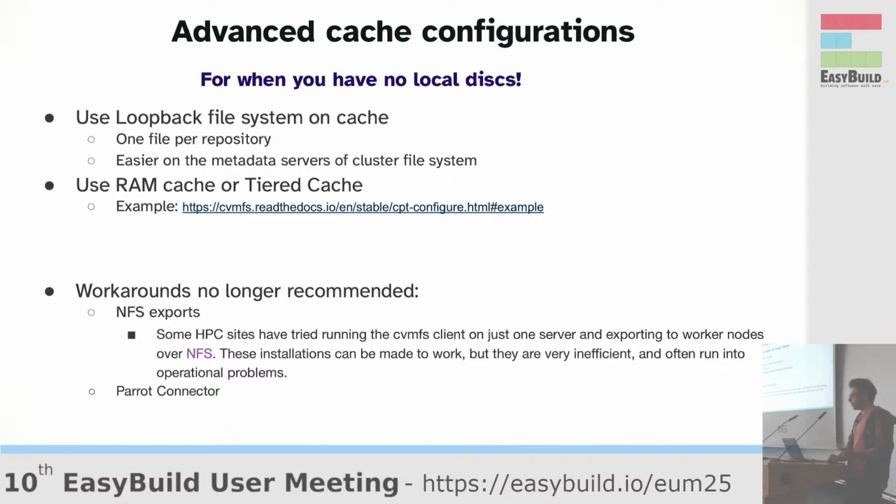When you have a cluster file system, this removes much of the load on the metadata server, because the cache is really a lot of small files, so this can be an option. And we have a feature that lets you put the cache in RAM or in a RAM disk, and also have a tiered cache that uses RAM as much as possible, and then goes to disk. So I think these are options that can be explored.